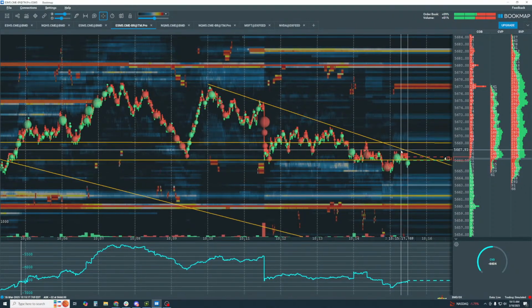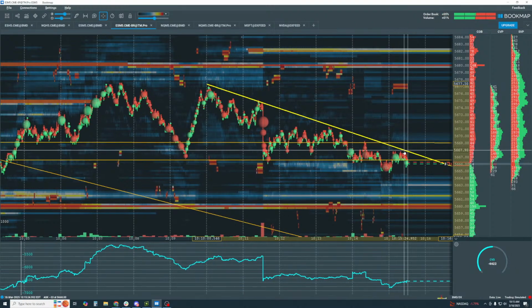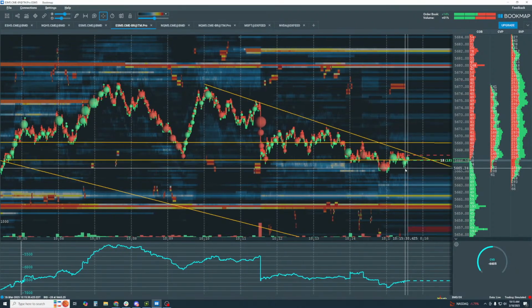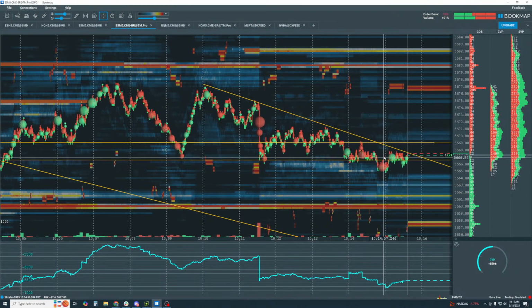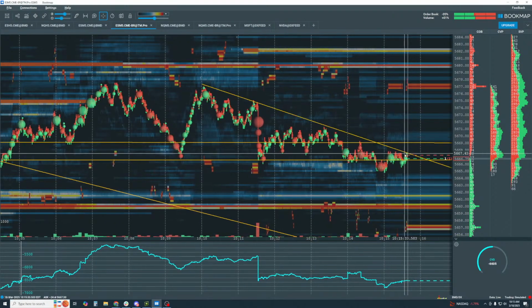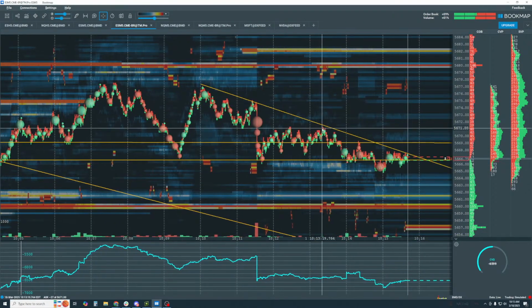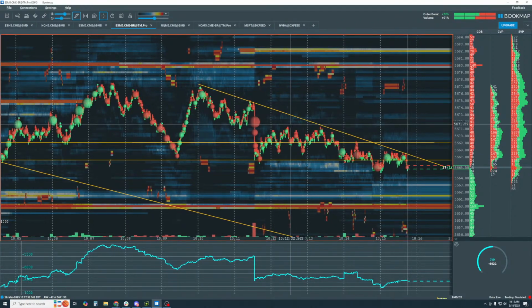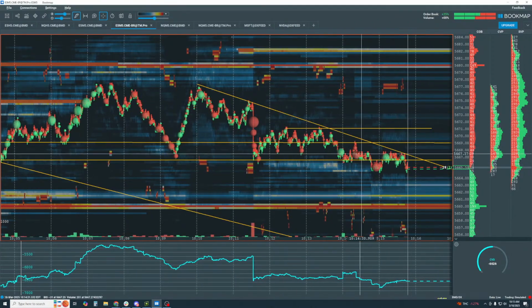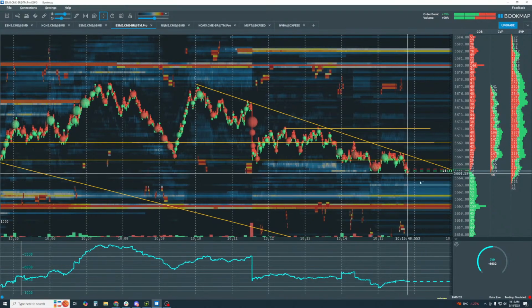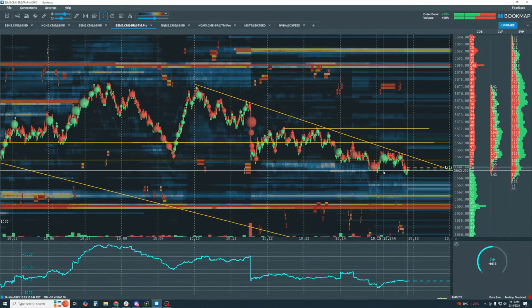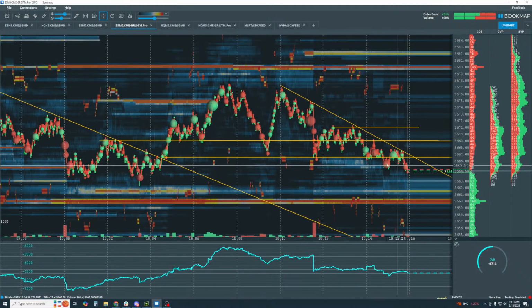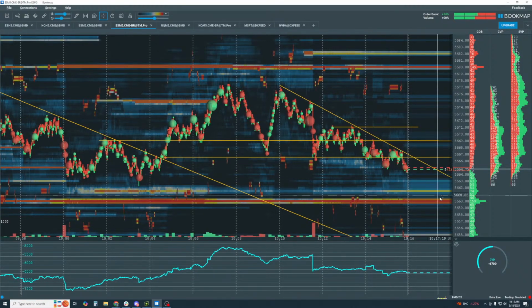We get another pullback to test an area, and then we get the follow through. This happens quite a bit. In fact, sometimes these pullbacks even come back up and test these levels up in the structure. So this is something to be aware of with the risk in this high volatility environment.